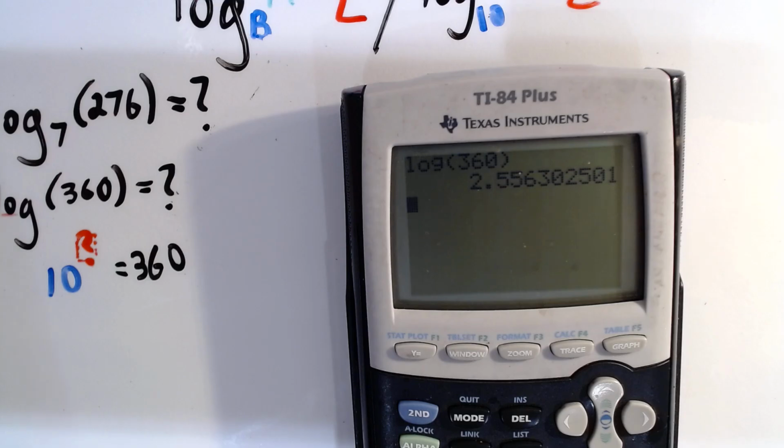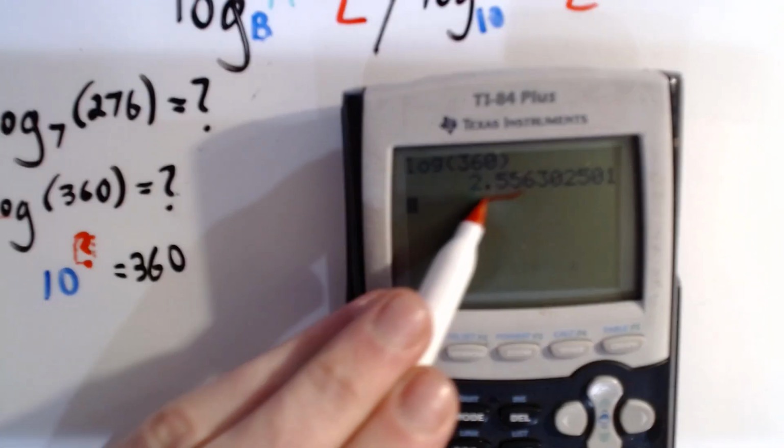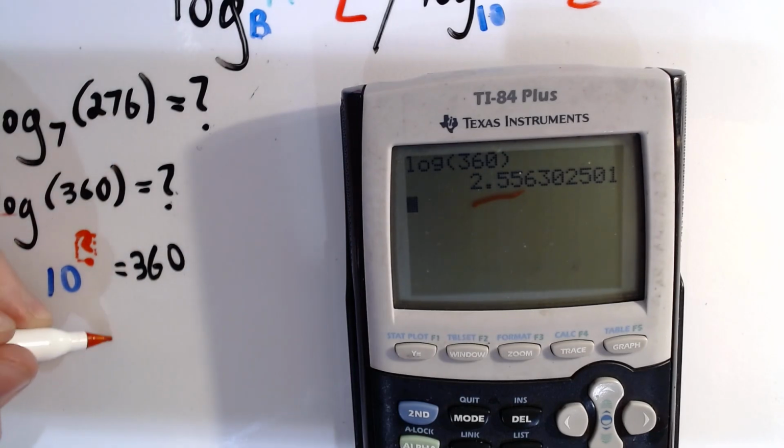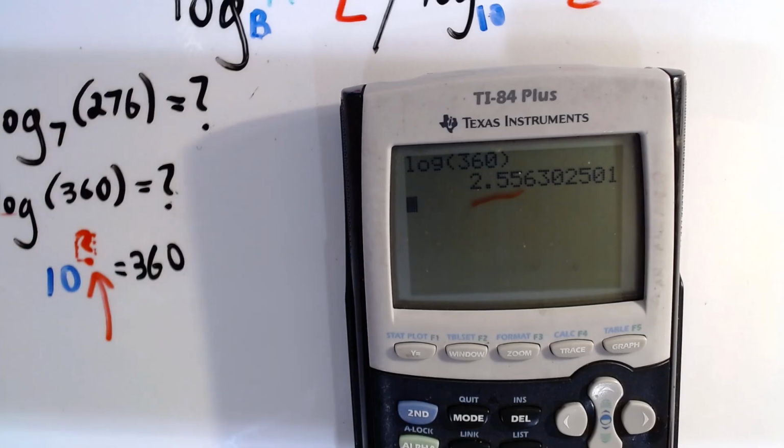Why we went through all those exercises is so you know the meaning of that number it spits out. And the meaning of that number is that your exponent here, you can see, is not a whole number. It's in between 2 and 3, which means it's between 100 and 1,000. 2.55.